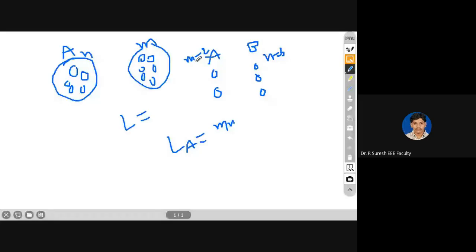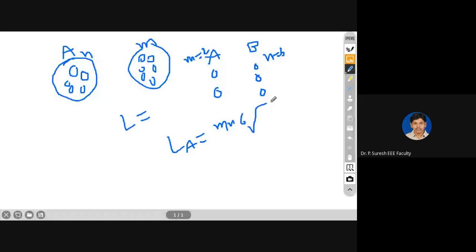So let us take here M equal to 2, N equal to 3. What is the formula? LA equal to Mn root. Mn root means M into N, how much? 6th root. What are the distances?